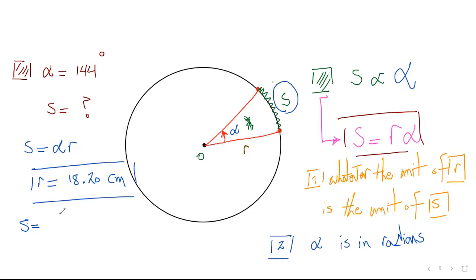Then S as an arc length becomes alpha times R. I know the R, 18.20. However, it has to be multiplied by the angle, which is 144, but it has to be measured in radians. In order to measure that in radians, I multiply that by a factor of pi over 180.